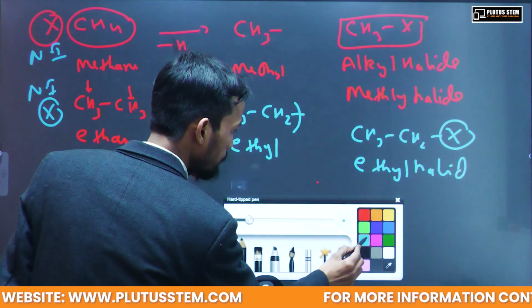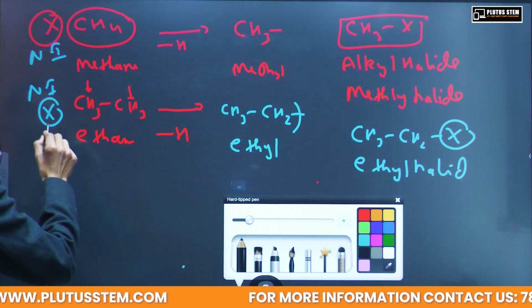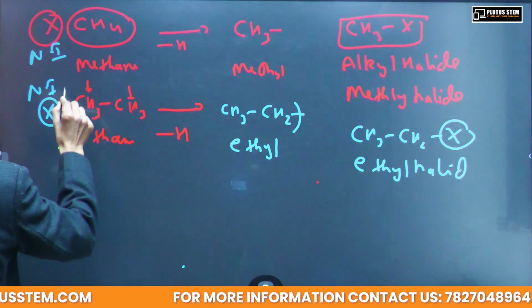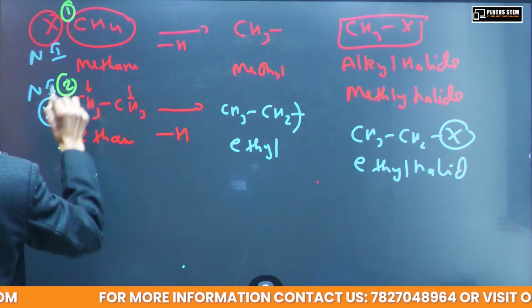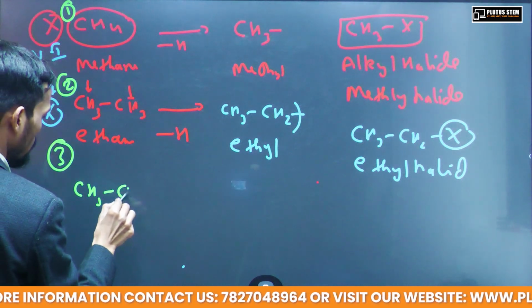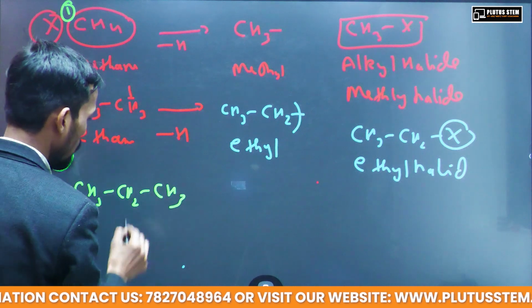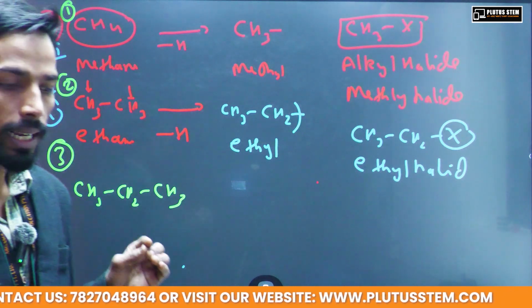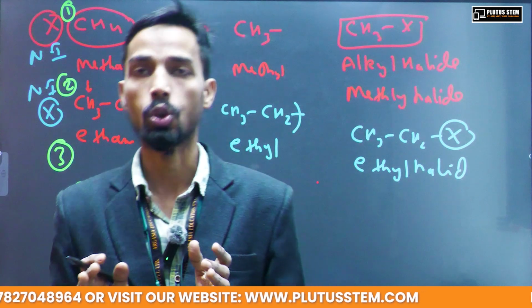And the next member is propane. Why am I drawing this? Because in propane we know there are zero structural isomers.